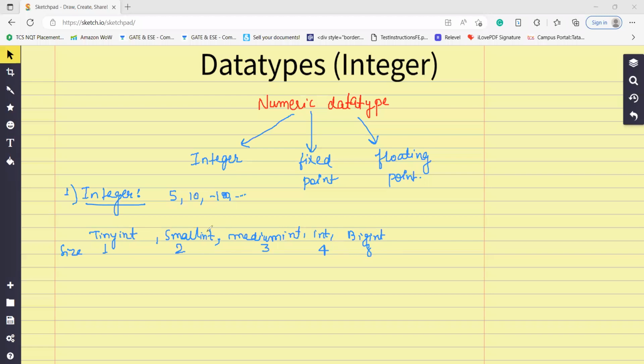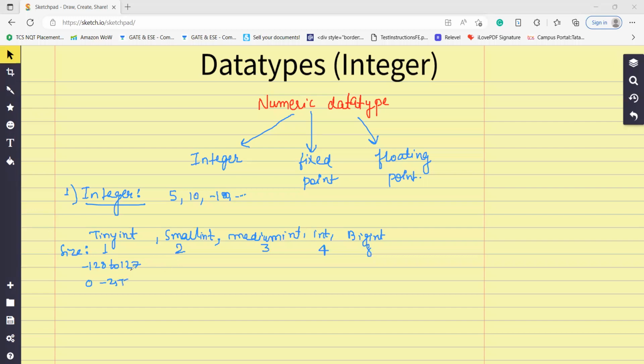Now, why do we have different types of integer data type? It's because of the range of numbers present in each type. In tiny int, if we talk about signed values, the range goes from minus 128 to 127, and if we talk about unsigned, then it goes from 0 to 255.